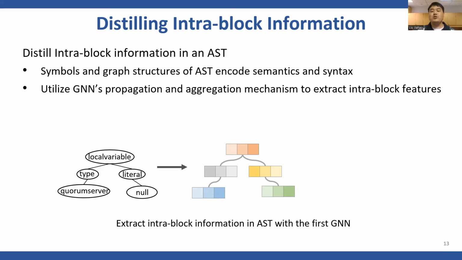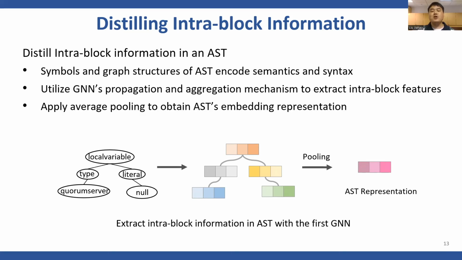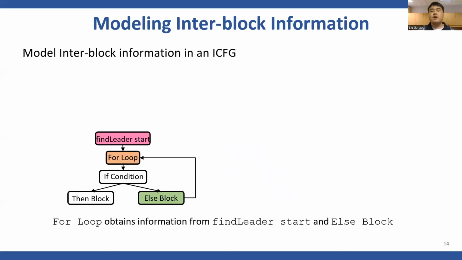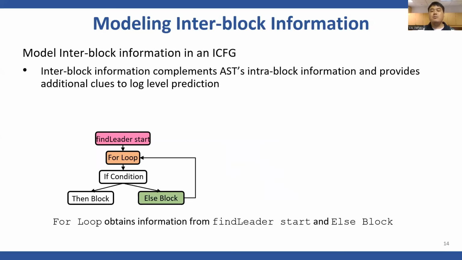After that, we generate the AST's embedding representation by average pooling so that we can keep important information in the basic block. By the first step, we have extracted the intra-block information for each basic block, and we know inter-block features can provide additional information for log-level suggestions. Now let's model the inter-block information.